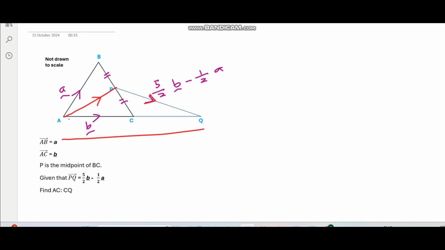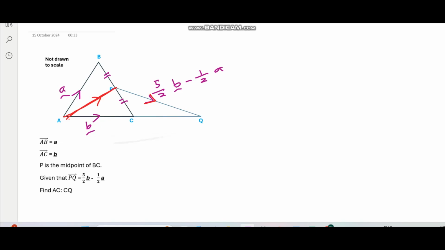And when we add AP and PQ, let's say if we are lucky enough to get 5B, for example, then we know that if this is B, this is 4B, so we can find the ratio. I'm not saying it's 5B, we are going to work that out, but I'm just trying to give a heads up as to where we are heading with this.